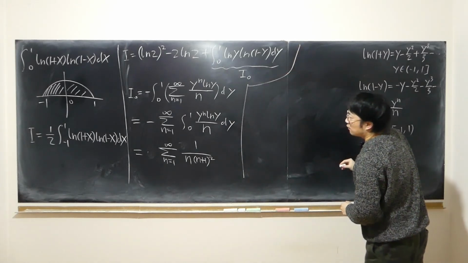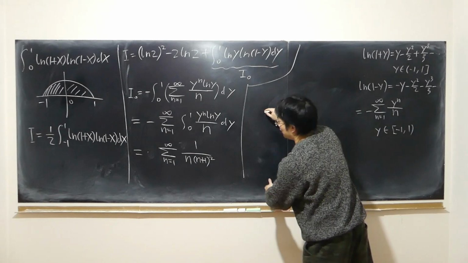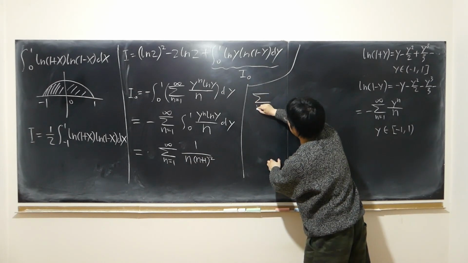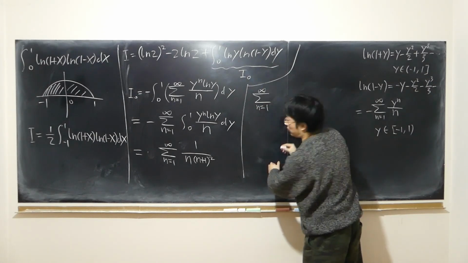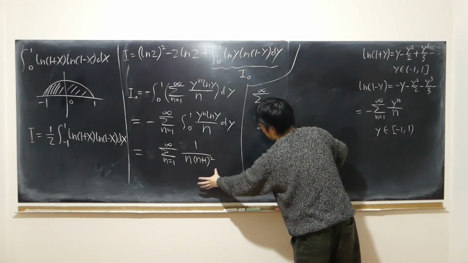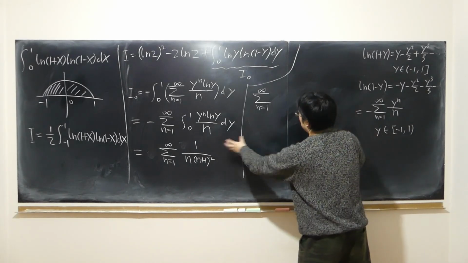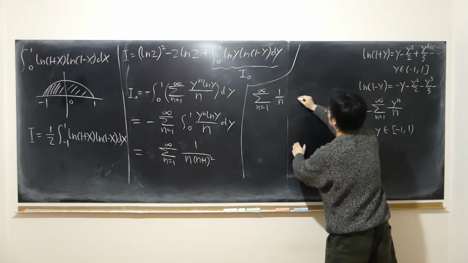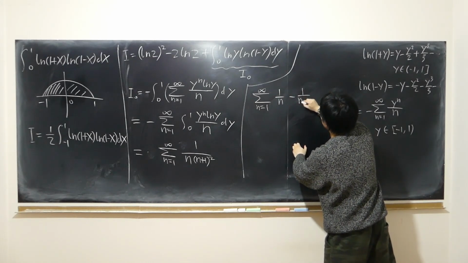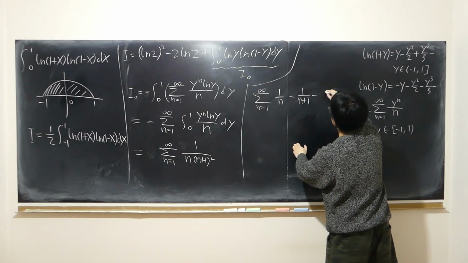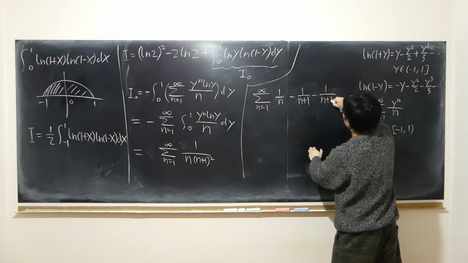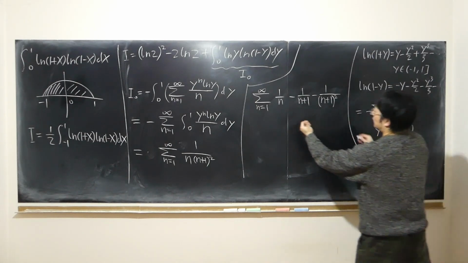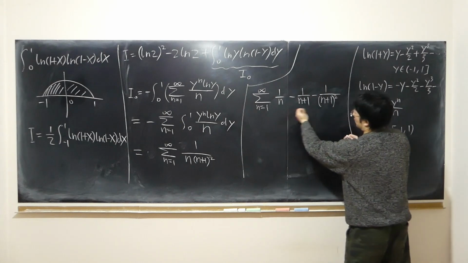So all we have to do is, of course, split the partial fraction. That's standard. I'm just going to skip the steps. So straight away we reach this: 1 over n minus 1 over n plus 1 minus 1 over n plus 1 squared. That's the final result of the partial fraction.